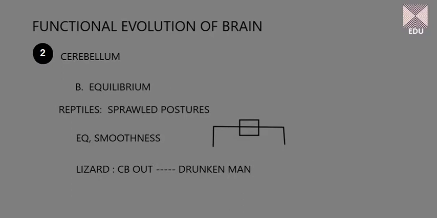There is no smoothness in the movement. It can go to the left side and then towards the right side, and it can bend upon some side also. So the equilibrium or the cerebellum is giving the smoothness to the movements.